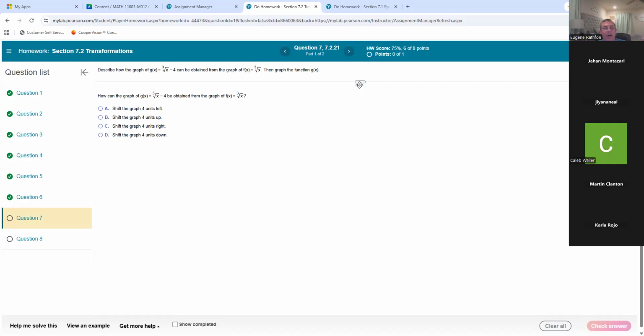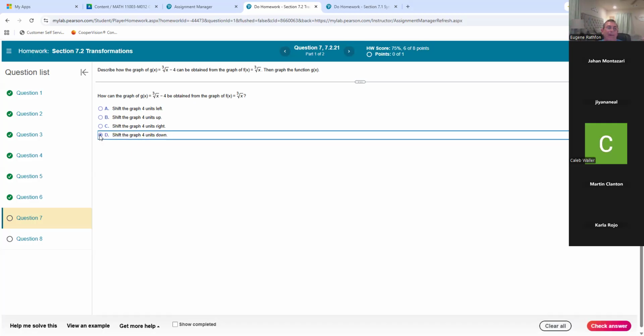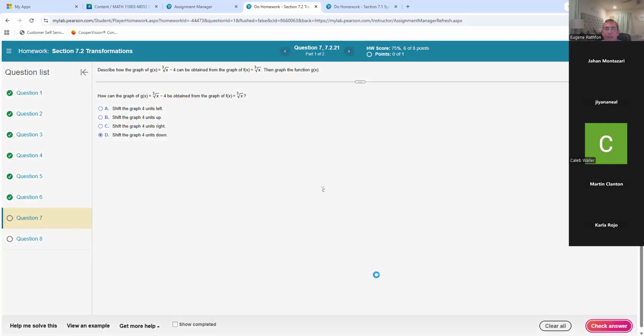So when you got the function and you subtract 4 at the end, y'all, that's actually going to make this graph go down. Okay? For this one to go left or right, it would have to be the cube root, and the x minus 4 would all have to be under that cube root, okay? All righty, y'all, so check the answer.